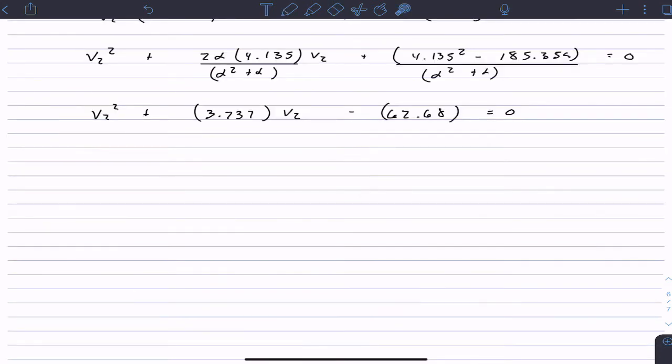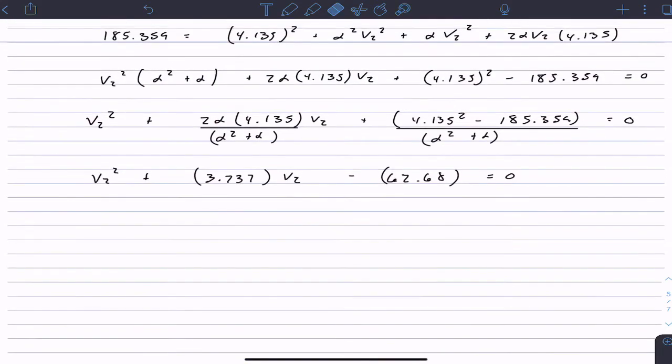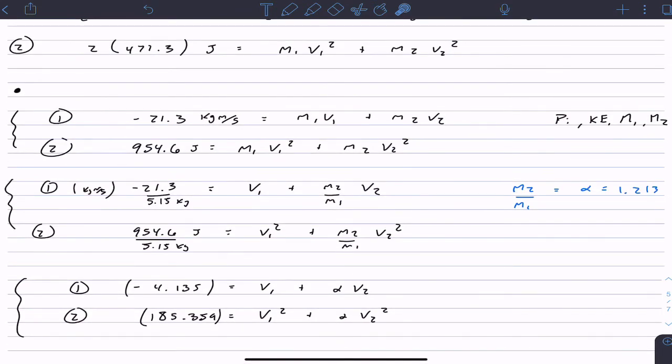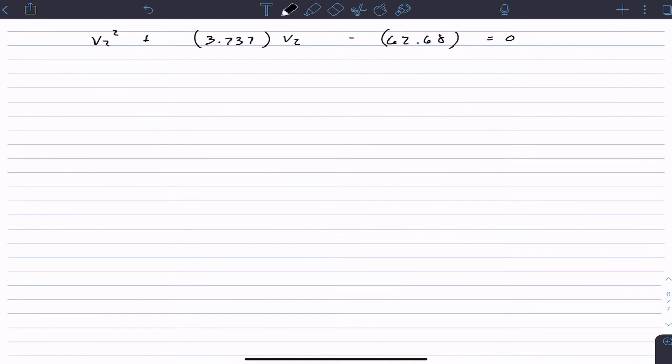Okay, so I've just simplified a little bit by plugging in the values for alpha here and here and here, and then just finding the constants that are sitting as our coefficients. And remember, alpha, as earlier, I just took the ratio of the two, and alpha is 1.213. Okay, so that's just a unitless constant that I found.